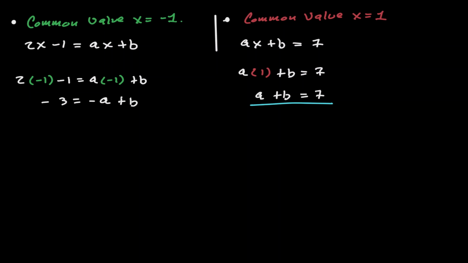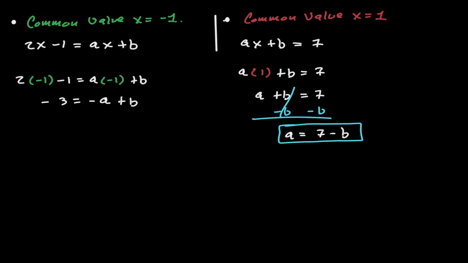I'm going to be looking at the function on the right, and I'm going to solve for one variable, whichever. I'm going to solve for a. So let's bring the b to the other side. So this equation is going to tell us the value of a. But notice that a is also present on the equation on the left.